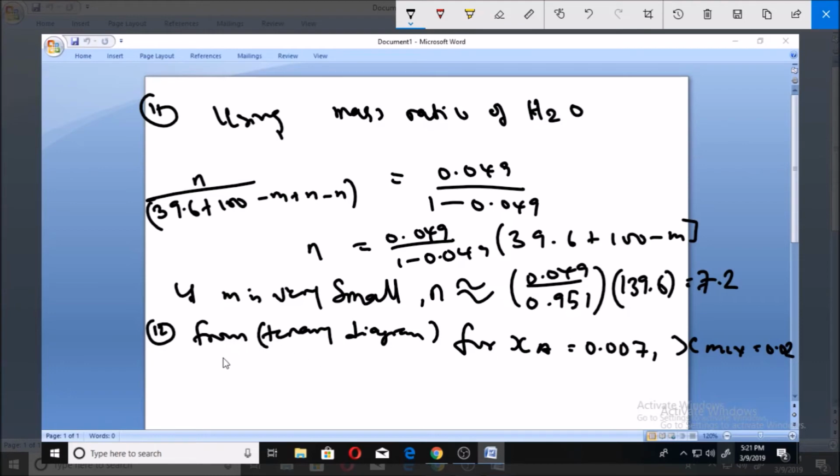So using that, using mass ratio as well, we can now say that M over 60.4 plus M minus N minus M is equal to 0.02 all over 1 minus 0.02.